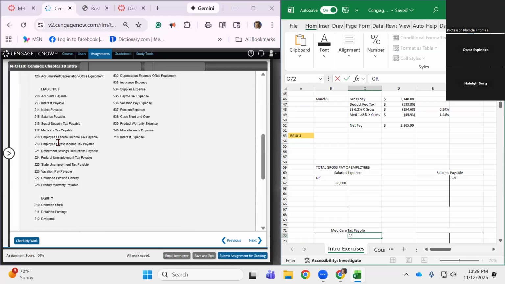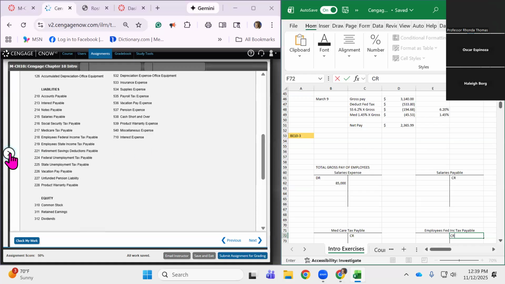That's what we're going to put down. So whatever we withhold, employees' federal income tax payable. It's going to have a credit balance.